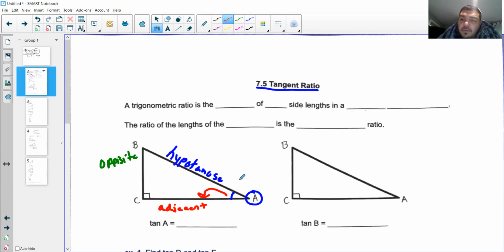So this side, AC, is next to angle A, while AB is the hypotenuse. That is also next to A, but the hypotenuse is the more important title, like someone could be a Mr. and a doctor, so you would just refer to them as doctor.